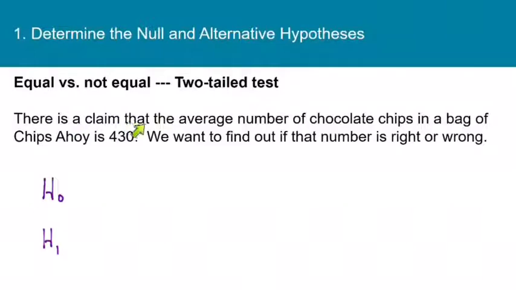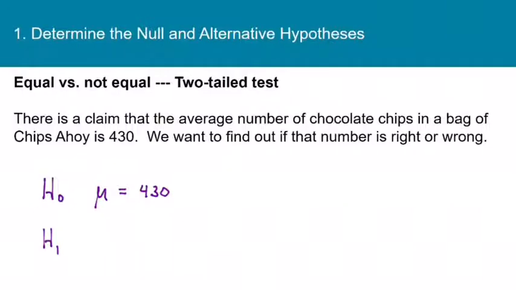Now the claim is that the average number of chocolate chips in a bag of Chips Ahoy is 430. So the population mean is believed to be 430. That will be our null hypothesis. Mu equals 430. We want to find out if that number is right or wrong. We are interested in knowing if it's wrong, whether it's less or whether it's more.